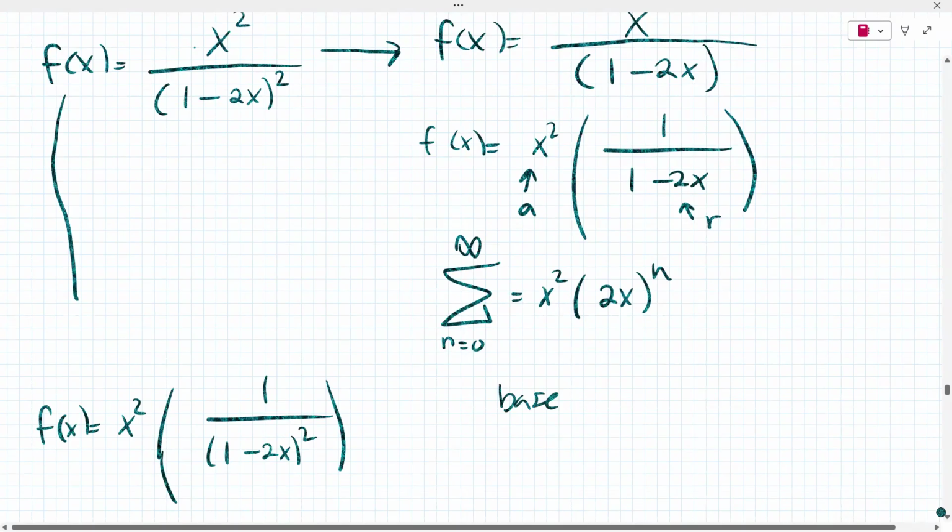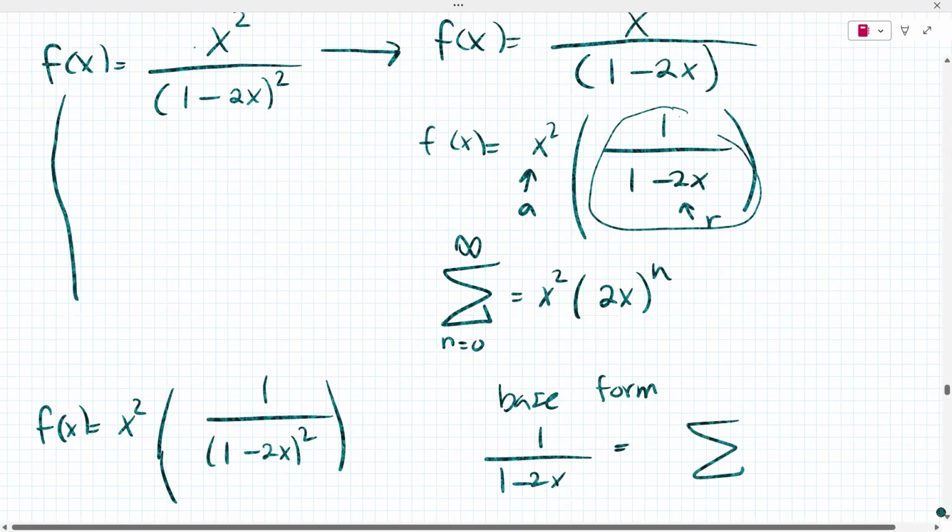So this is why we did this, because we're going to relate it. This is our base form, right? So base form is this: 1 over 1 minus 2x, which is equal to the summation of n equals 0 to infinity of 2x raised to the n.